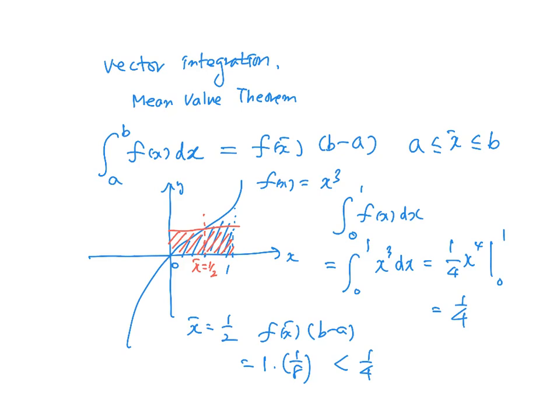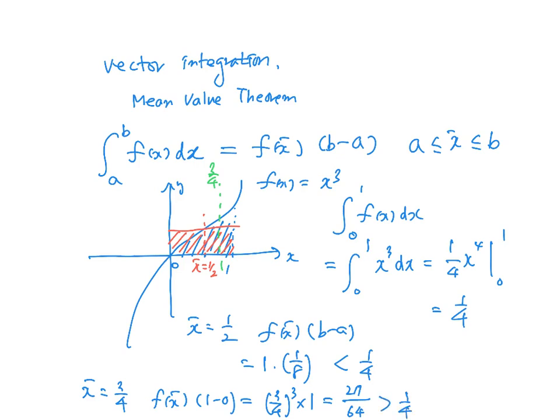On the other hand, if we can set x bar somewhere in between, for example 3/4, then f(x bar) times 1 minus 0 is 3 over 4 to the 3 times 1, which is 27/64, which is actually larger than 1/4, right?